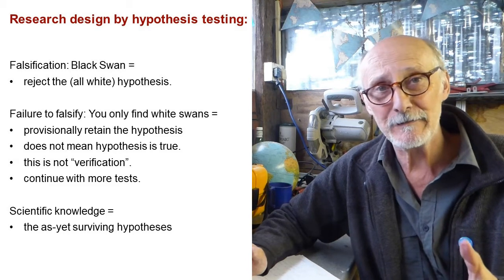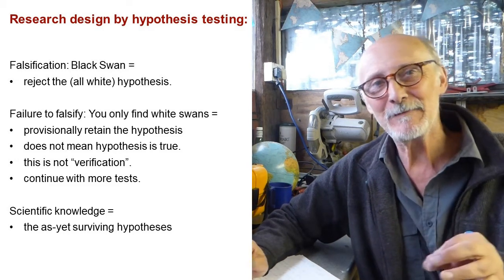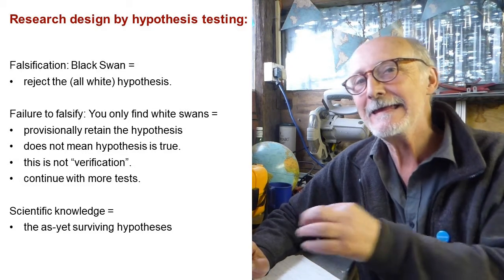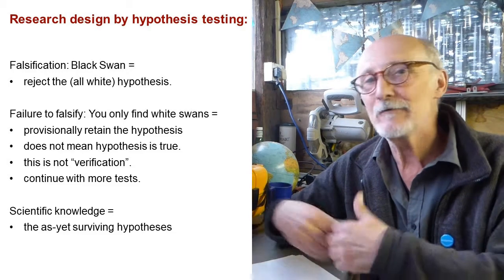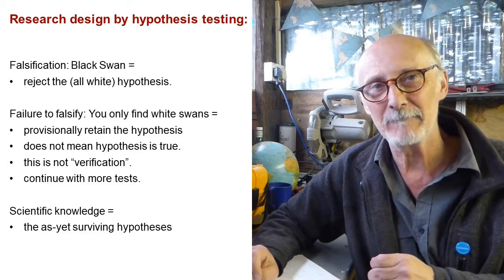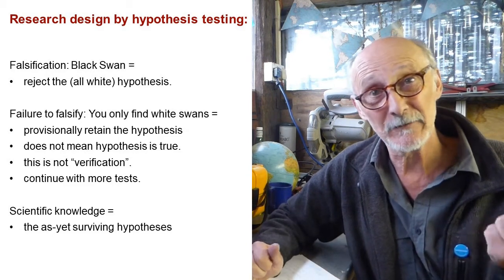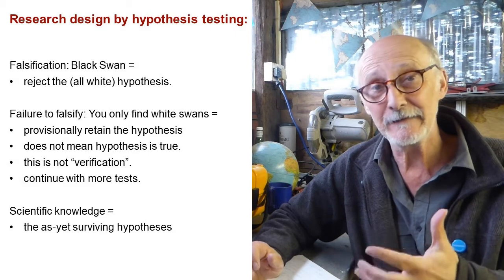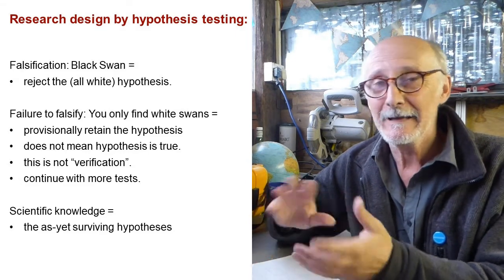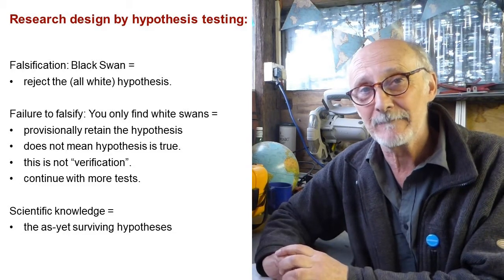It's all the hypotheses that we haven't managed to falsify, but we don't know if that's because they're actually the right answer, or if it's just that we haven't yet falsified them because we haven't looked at all the examples, or we haven't invented the right test, or whatever it might be. So scientific knowledge, and this is why I called it provisional early on, is what we haven't yet managed to falsify, and we don't know whether maybe one day we will, or if we've actually stumbled on the right answer.